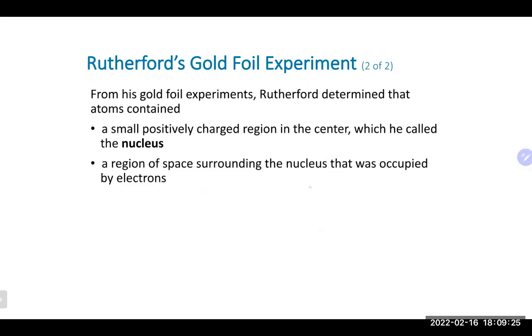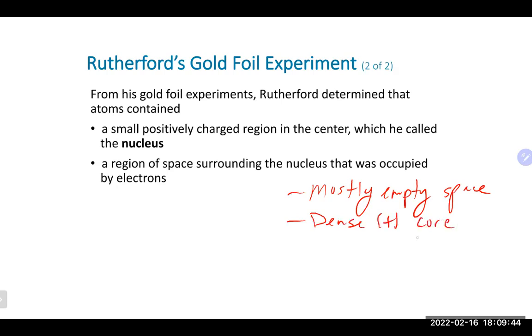They basically came up with the idea of the atom being mostly empty space. And again, that's what accounts for those alpha particles pretty much sailing right through, no problem. It did contain a dense positive core, which is what they referred to as the nucleus.